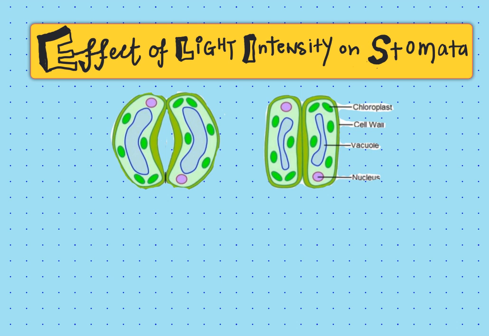Okay, so basically on a bright day like this, with a lot of light intensity, when the light has been captured by the chloroplasts inside the guard cells, the guard cells will start to photosynthesize.